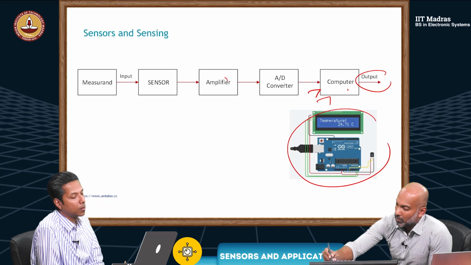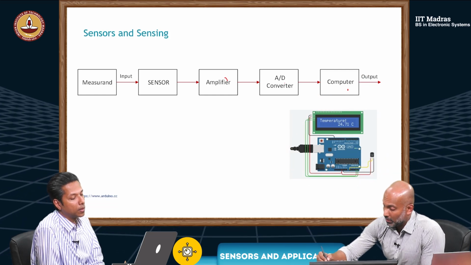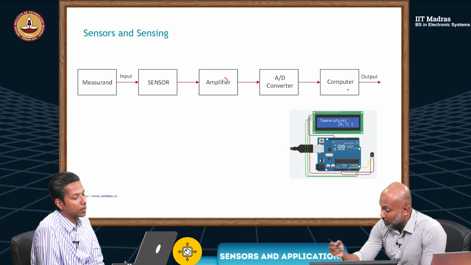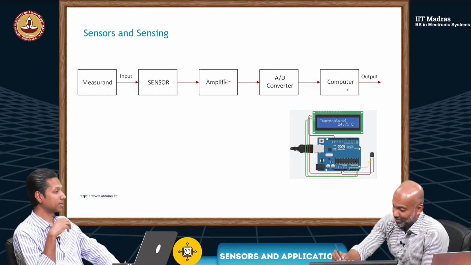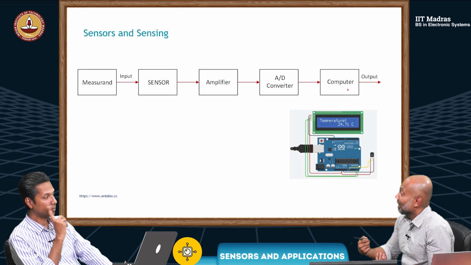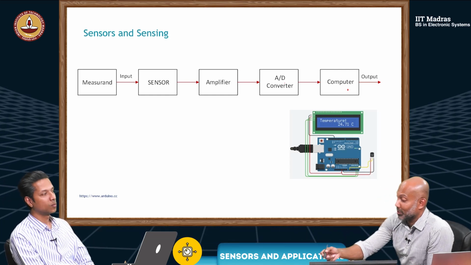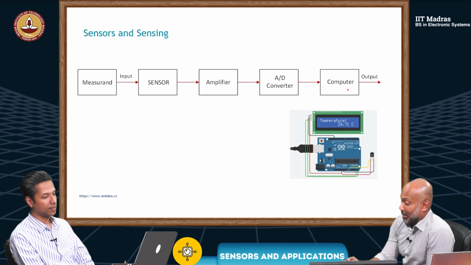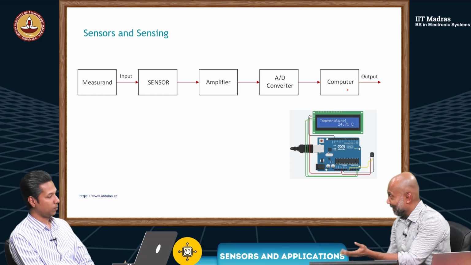Platforms is a good word to use, because most of these platforms now have these modules inside. When I was doing my bachelor's, we had separate components. We didn't have the luxury of something like Arduino. But sometimes these Arduinos in fact have integrated temperature sensors.